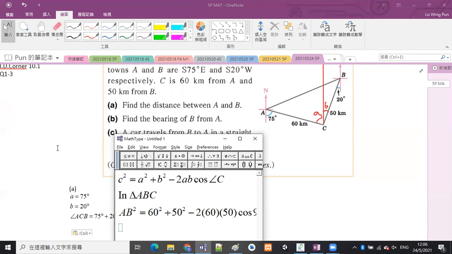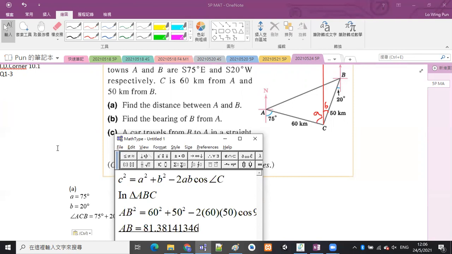Thank you. And then just use the calculator. Don't forget to take square root. So AB squared is 81.38141346. And then don't forget to take square root.